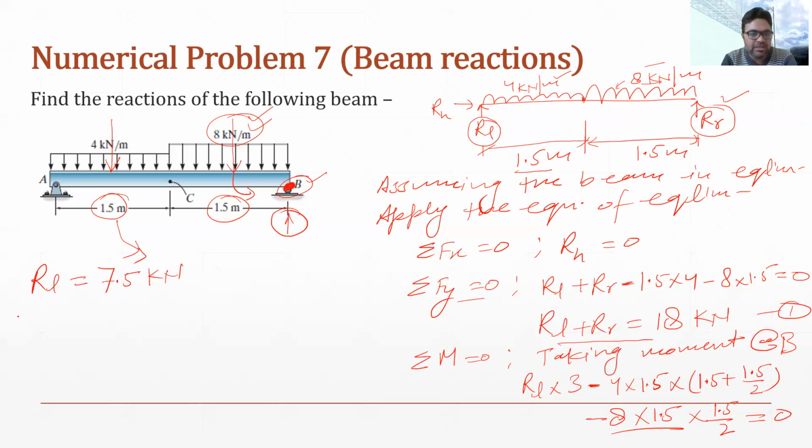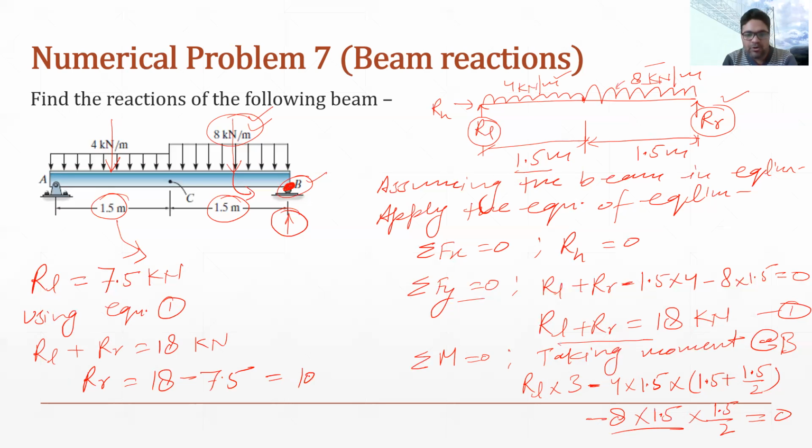Putting the value of RL here, we can find RR as 18 minus 7.5, which is 10.5 kilonewton.